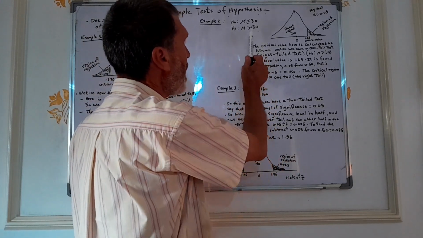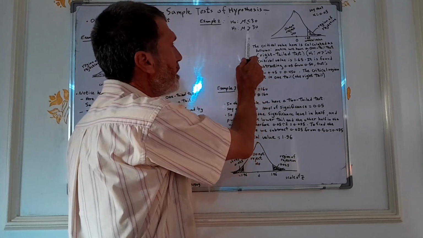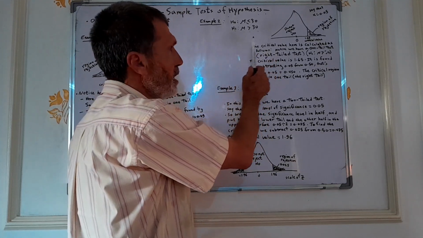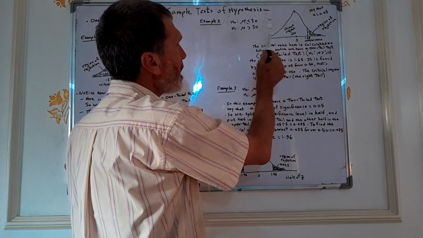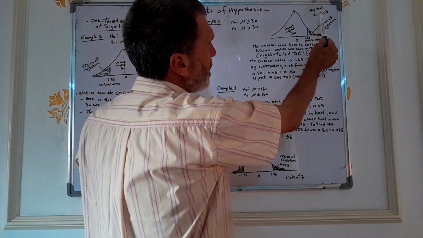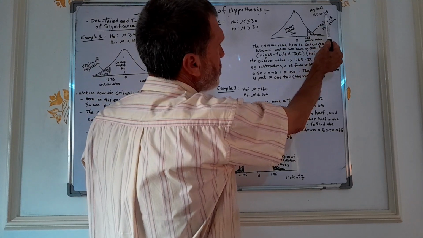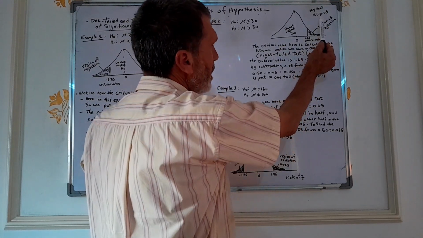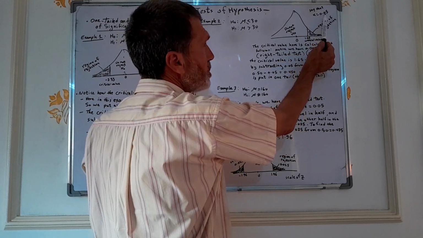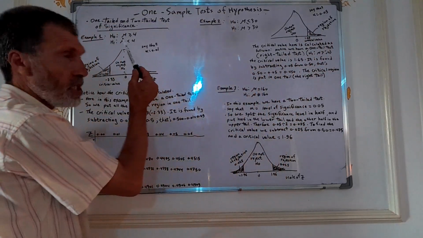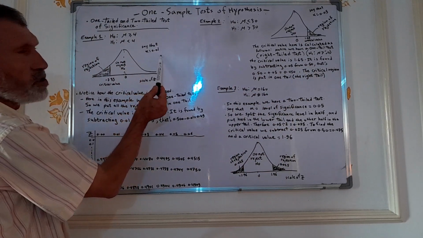Of course, we have a one tail test. If we assume that alpha is 0.05, in this example we assume the level of significance equals 0.05. In the previous question we assumed alpha to be 0.01.